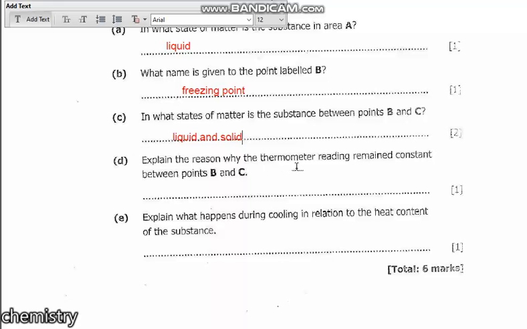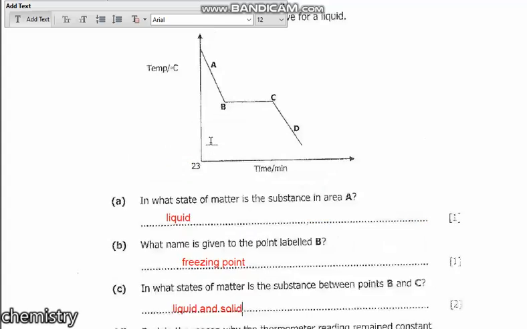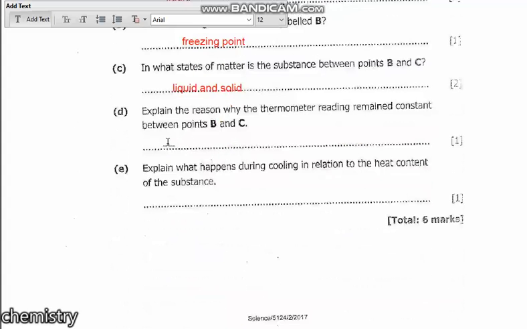Explain the reason why the thermometer reading remained constant between B and C. Now, between B and C, we have two states. That means there's a change of state from liquid to solid.